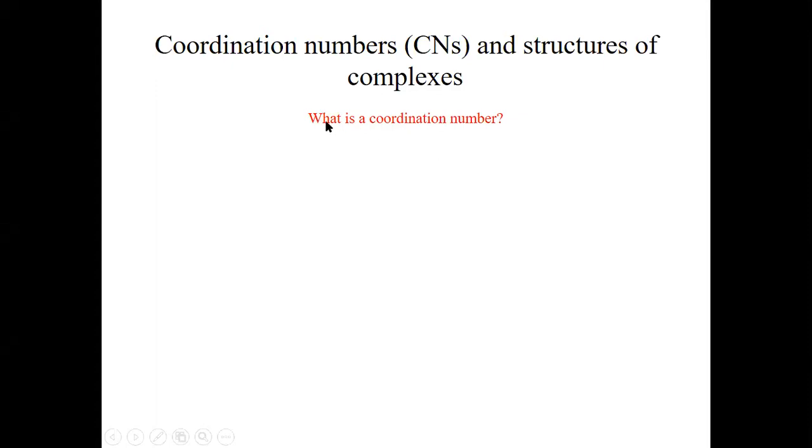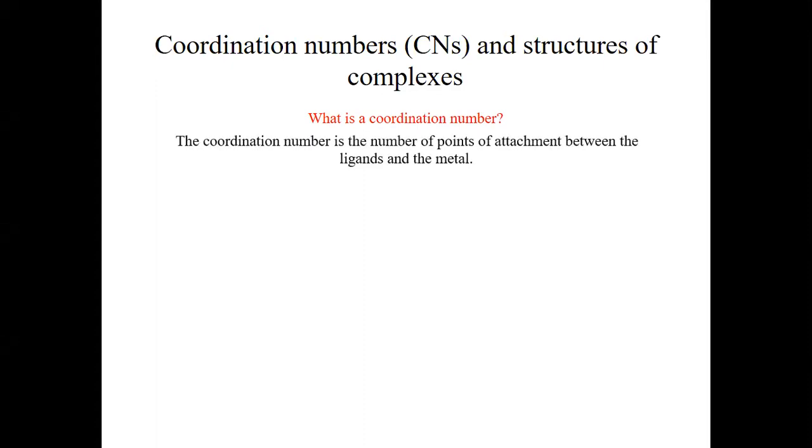First of all, let's talk about what the coordination number is. What's the definition of it? Well, the coordination number tells the number of points of attachment between the ligand and the metal.